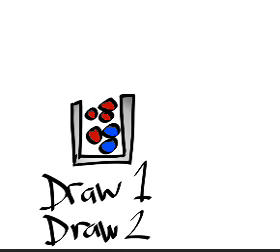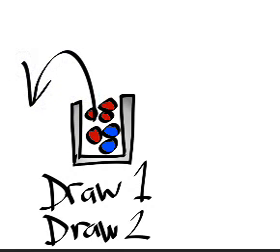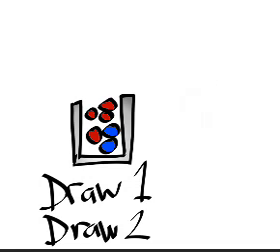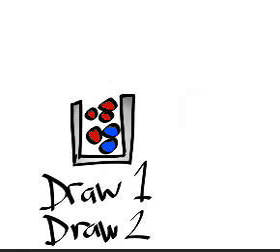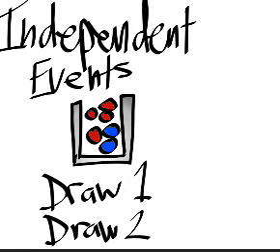Okay, so on the first draw, if we take out a marble, replace it. On draw 2, we take out a marble. Okay, replace it. Those are termed independent events because each draw it resets.